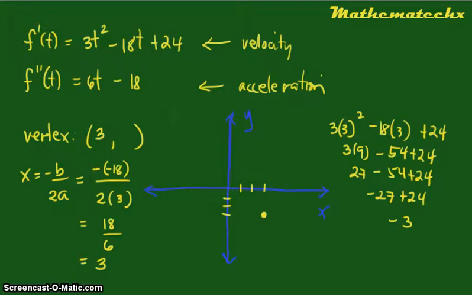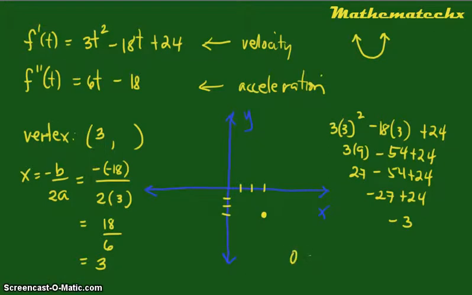Again, we said this will have this orientation. If this is the vertex, it will go up on the left and up on the right, so for sure it will be passing through the x-axis. To know at what values of x the graph passes through the x-axis, we need to find the x-intercepts. The x-intercept happens when y is equal to 0.